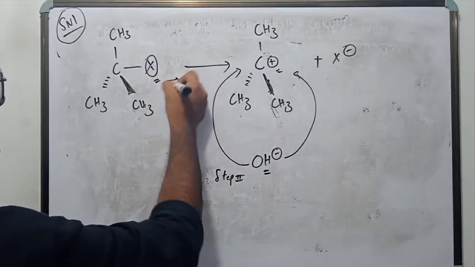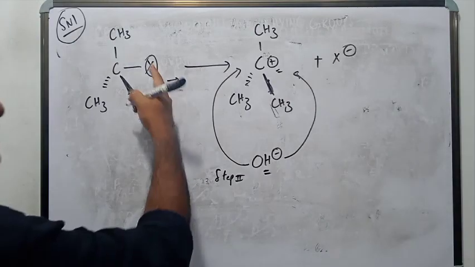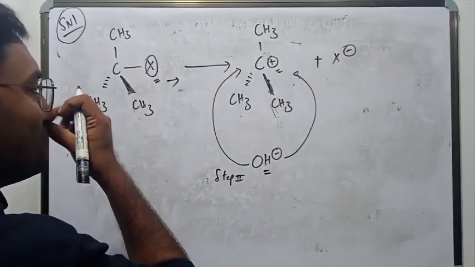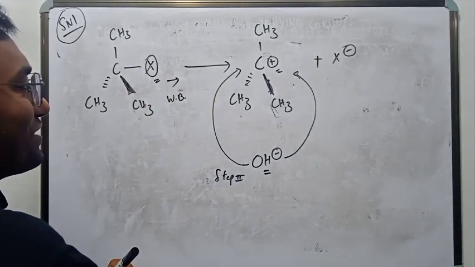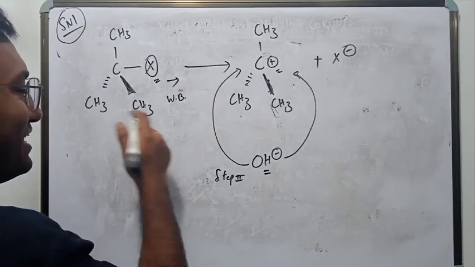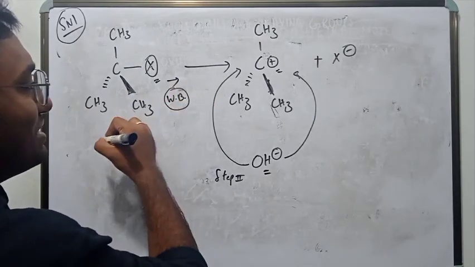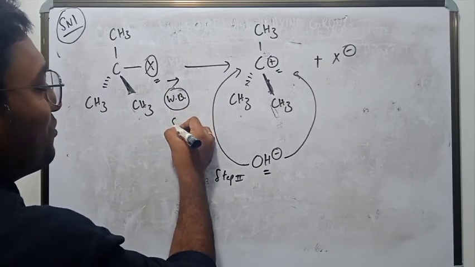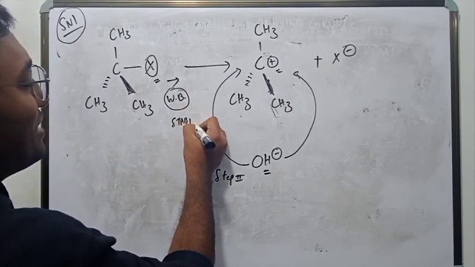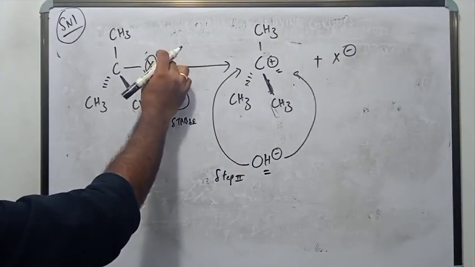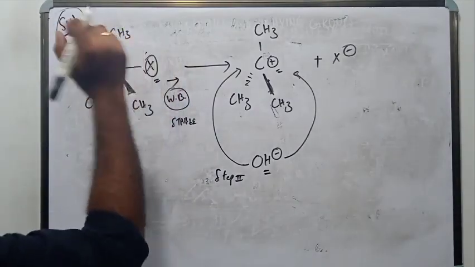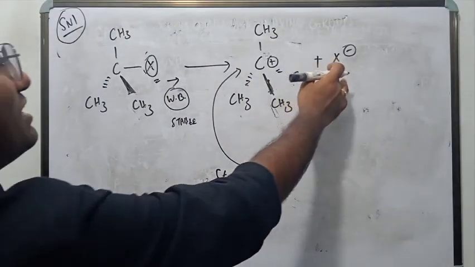What is a good leaving group? It should be a weak conjugate base, or it should form a stable ion. So the X minus should be a stable ion. It should be a good leaving group. Only then it will leave and a carbocation will be formed.